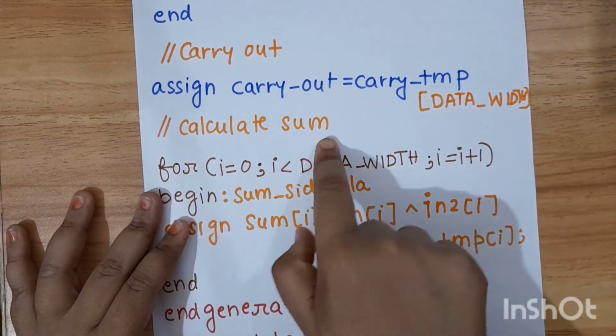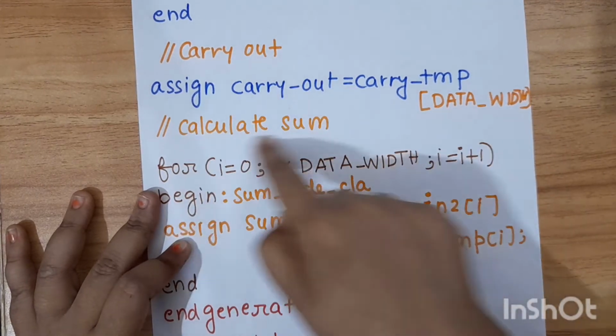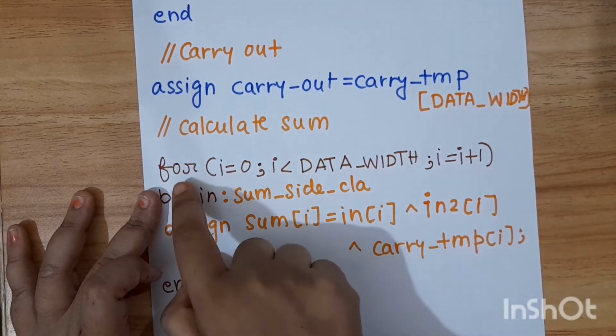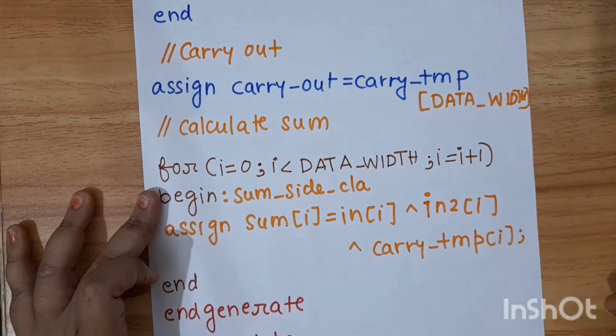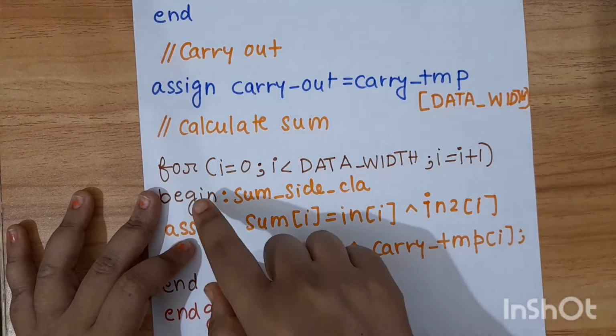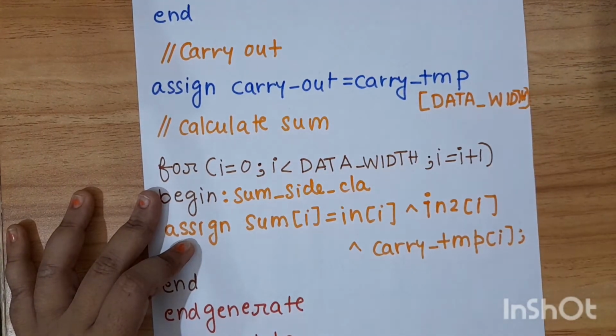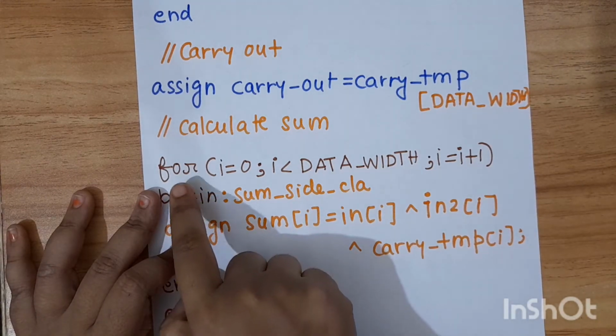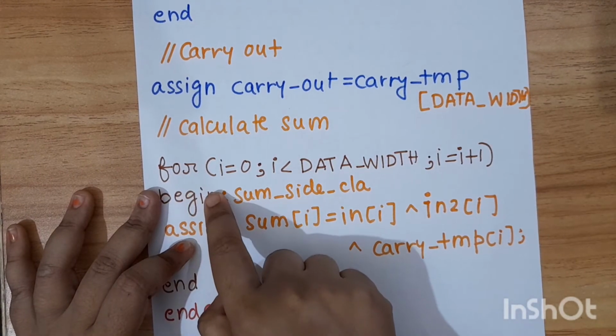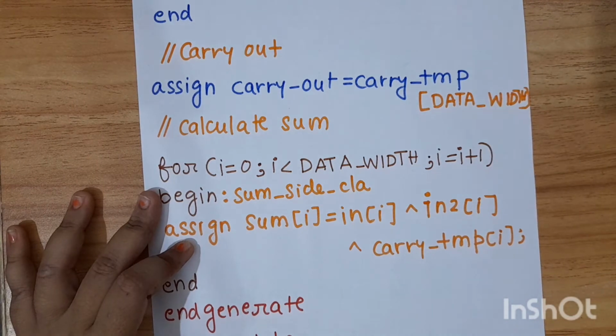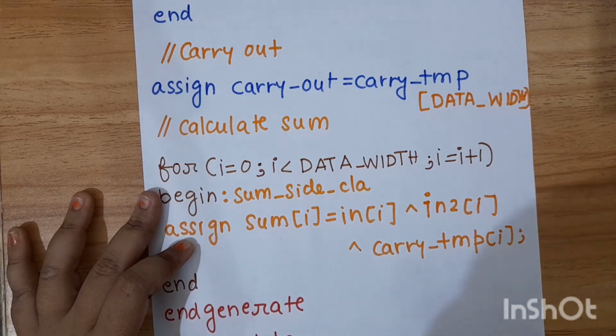Now calculate sum. In order to calculate the sum, again I am using a for loop inside the generate block. Please note, this for loop is separate from the other for loop, and this for loop is using the genvar variable i. Earlier one was using the genvar variable j.